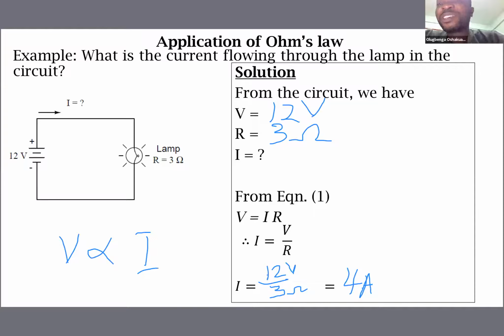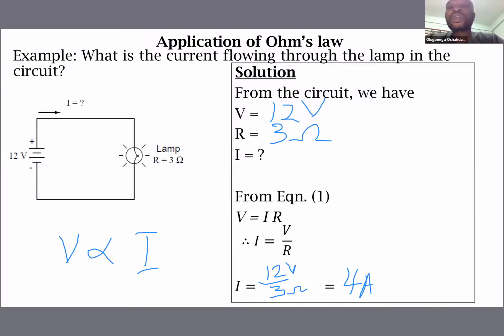If we maintain the battery at 12 volts and replace this bulb with another type of bulb of the same nature, that is made of the same material, but of a lower resistance, then when the resistance is lower, larger current will flow.